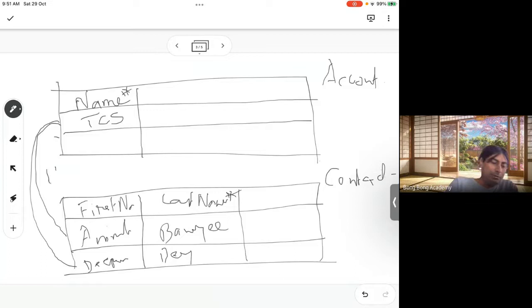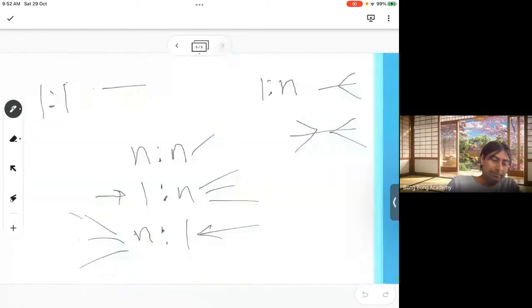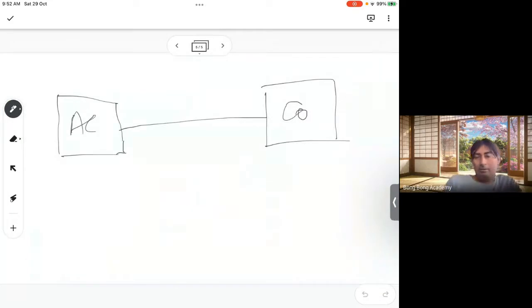That means one to many. But let us check if one record on this side can be associated with multiple records on this side. Can Dipanjan De be an employee of two companies? No, sir. Not really, right? Usually not. So it is only one way. That means one to many relationship.